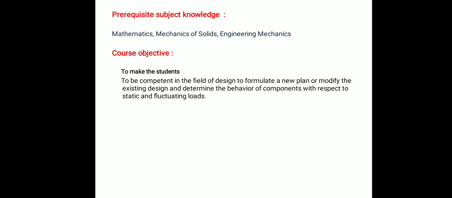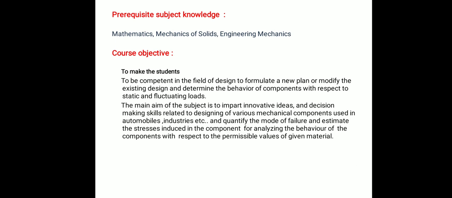The main intention of this course is to enable the student to develop a new product based upon the innovative ideas and based upon the skills that he has gained through this course. The main intention is to impart innovative ideas through this course, such as decision making skills for designing various mechanical components. These mechanical components are generally used in automobiles or aerospace industries or for structural applications.